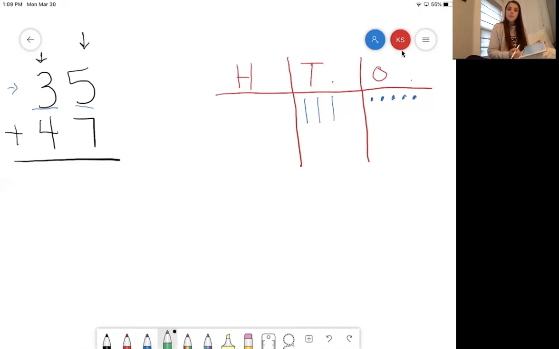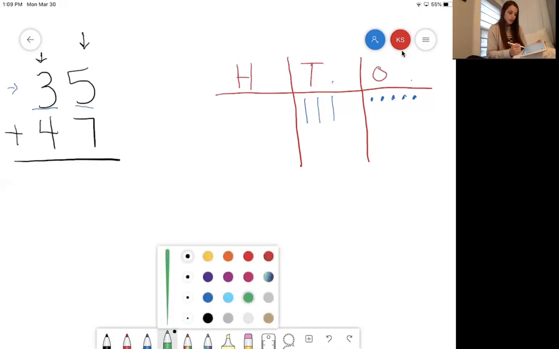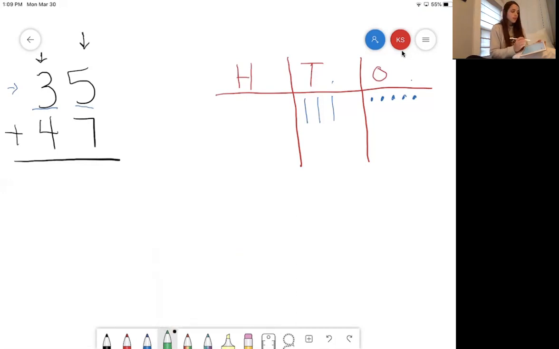Now to represent 47, I'm going to do the same thing. I'm going to use a different color marker so you can see the difference of the numbers. I'm going to ask myself again, how many tens do I have in the number 47? I know that I have 4 tens in the number 47. So I'm going to draw 4 tens in my tens column. 1, 2, 3, 4.